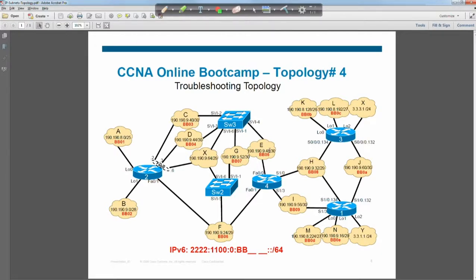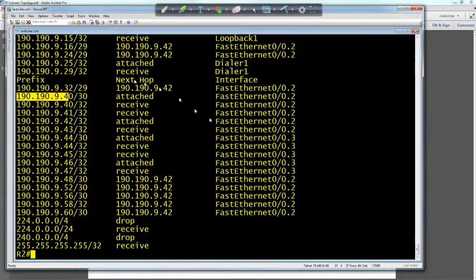And so in the FIB table, if we look at the differences between 9.40 and 9.48, 9.40 says attached. That means I'm connected to that subnet, and here's the interface I use to reach it. Whereas 9.48, it says, okay, this is the next hop I would use, which in this case is switch 3, and here's the interface I would use to get to that. So that's the difference between attached and a next hop.